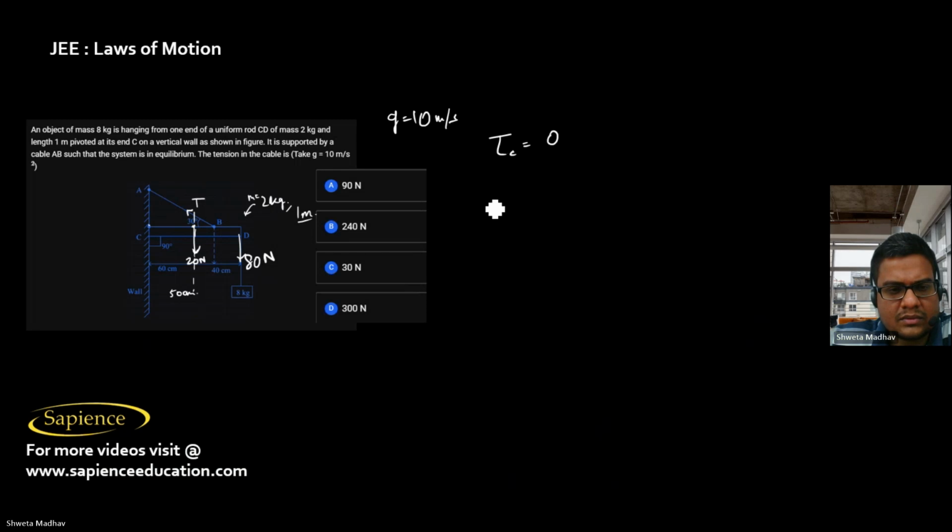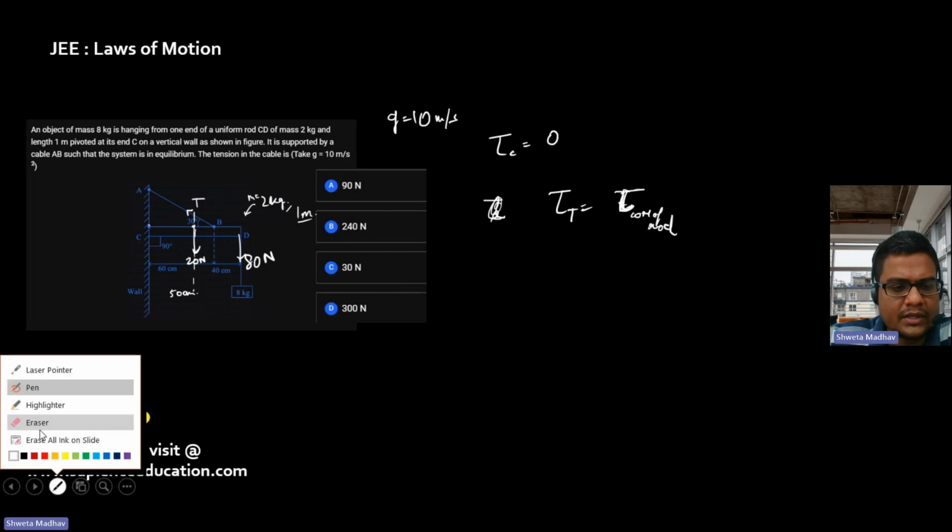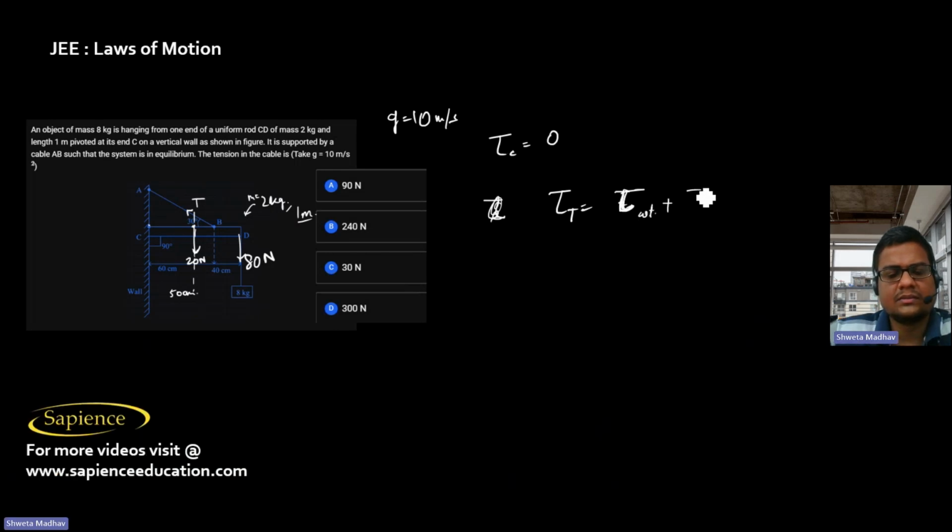So therefore the torque of the tension force at the point B, that is the anti-clockwise torque, is equal to the torque of the weight of the rod, plus the torque of the 8 kg object.